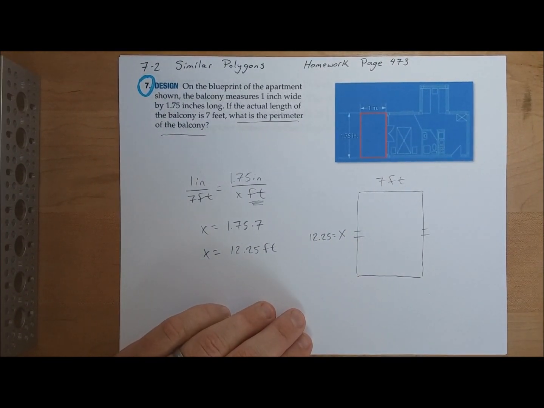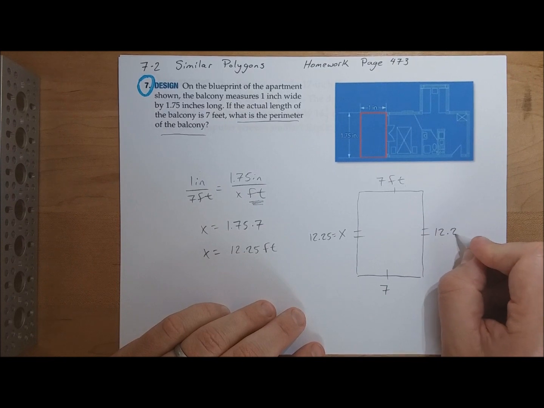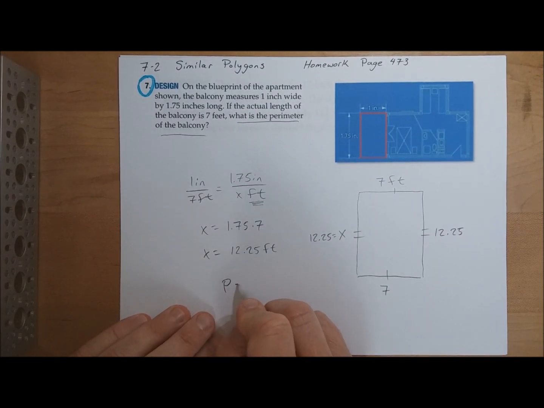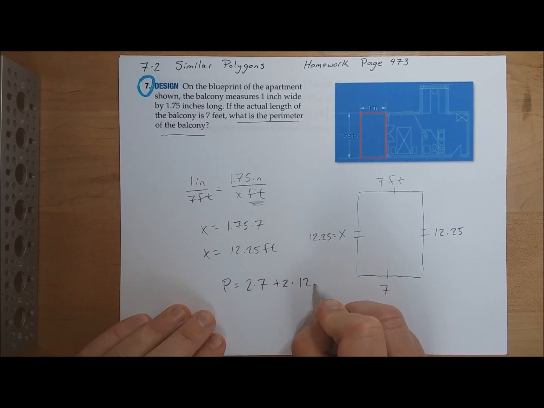Okay. Well, if x is 12.25 feet, that balcony is a rectangle, right? So that's going to be true, isn't it? So our perimeter is going to be 2 times 7, I got 2 of those, plus 2 times 12.25, we got 2 of those.